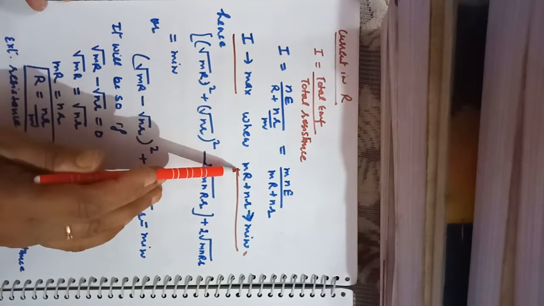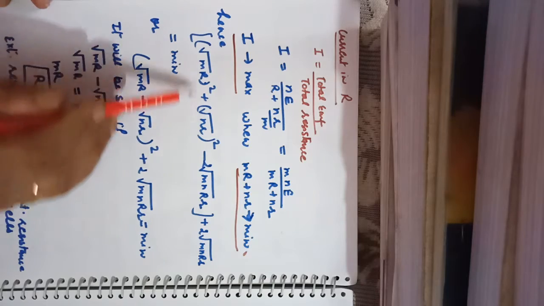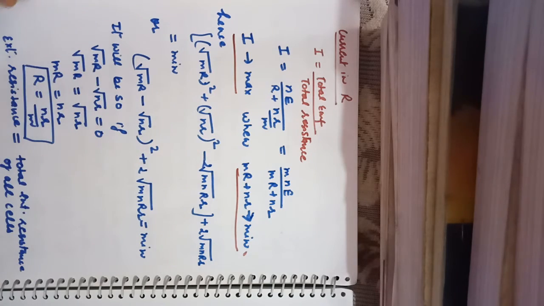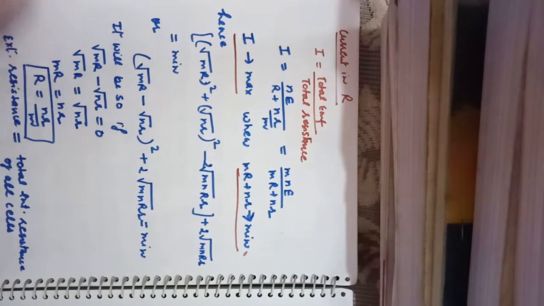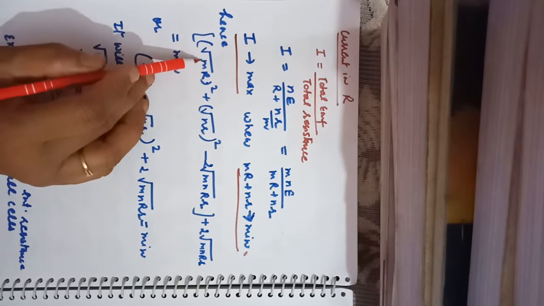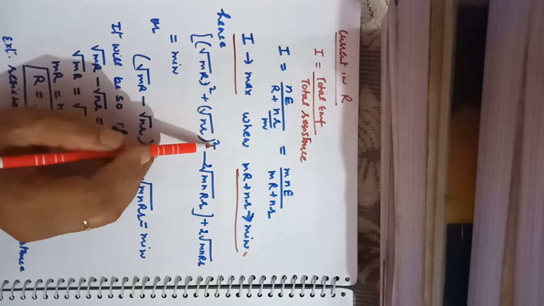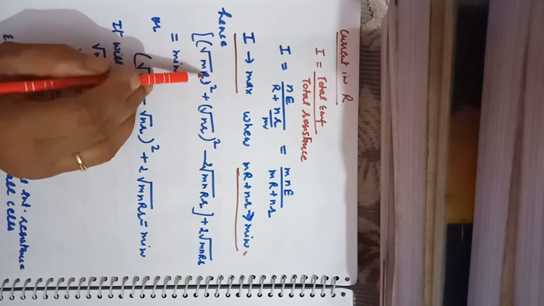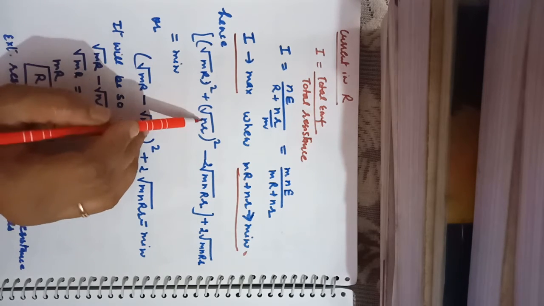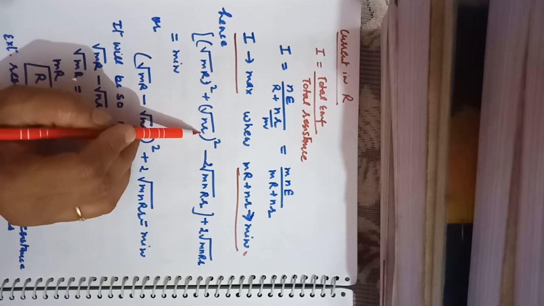So for this condition, we are going to use one manipulation. What kind of manipulation? Under root of mR square plus under root of nr square. So under root of mR square means mR, and under root of nr square means nr.